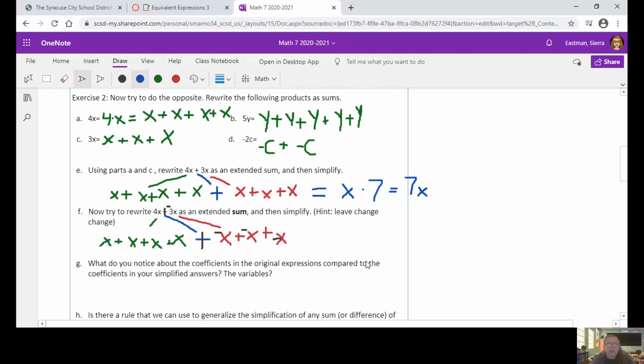And now when I go to add these all together or kind of simplify, these positive x's will reduce to 0 when added to these negative x's, right? So I can actually go ahead and cross some of these out. If I have a positive x, that's going to reduce to 0 when I add this negative x.